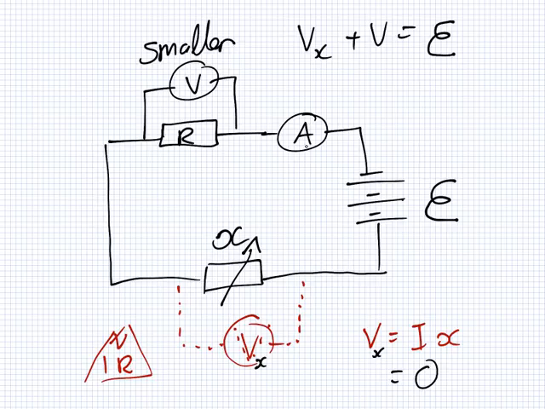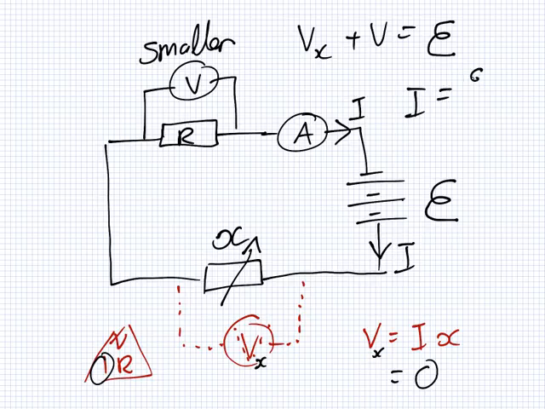Now let's see what happens to the A, okay? What is the current here? If you remember, the current will be V over R. And let's just look at the total, okay? The total current, which is this one here. The total current will be the total voltage, which is what?